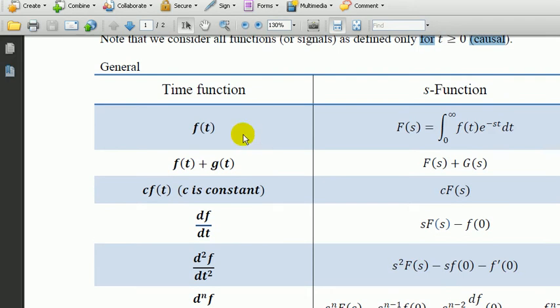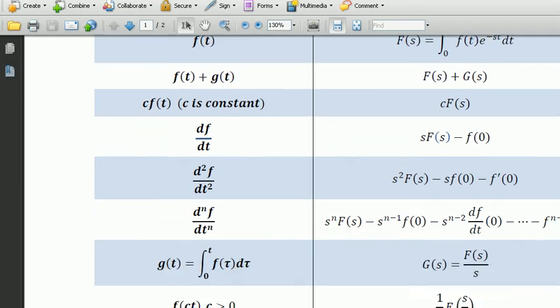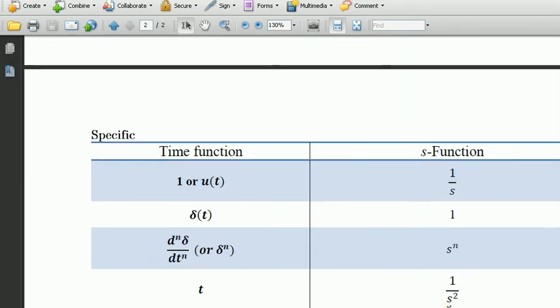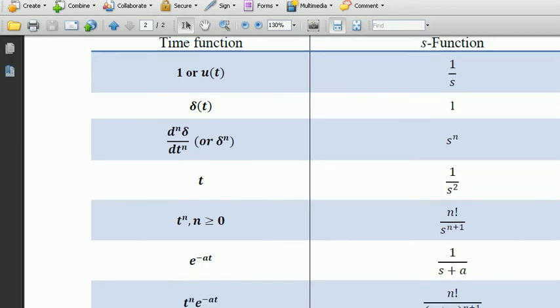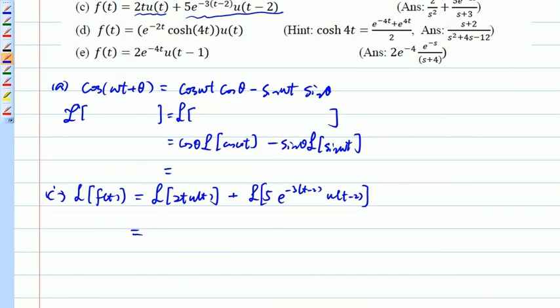So I don't have f of t multiplied by u of t here, but essentially it's just f of t multiplied by u of t. For example, in this specific case, I have the Laplace transform of t, which is essentially the same as the Laplace transform of t u of t. That's why I'm neglecting u of t here, because everything is considered a causal signal. So that's why the first Laplace transform here is 1 over s squared.